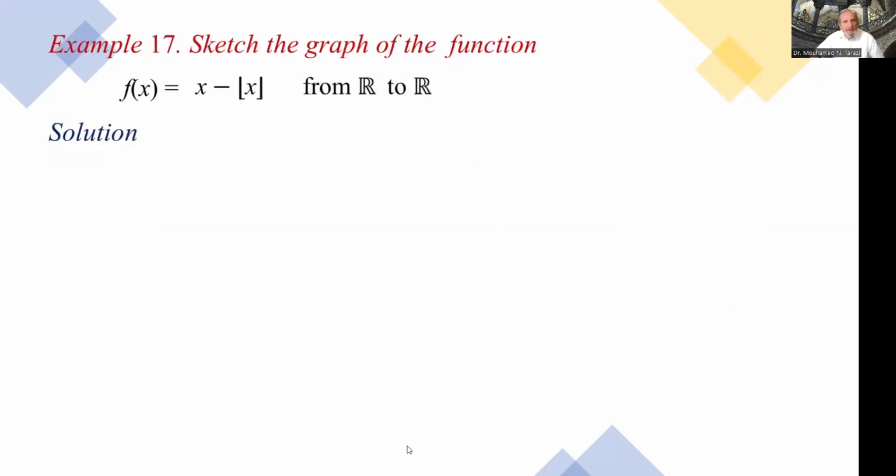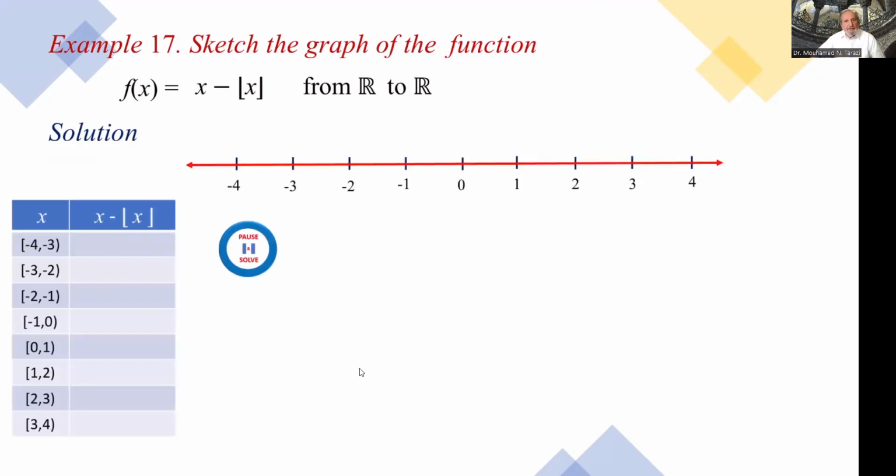Now let's look at this function. That's another interesting function. x minus floor function of x. Okay, again, you make the table here. This number line will help you. These are the intervals I'm going to be using. Since I'm involved here with the floor function, I need to close it from the left and leave it open on the right.